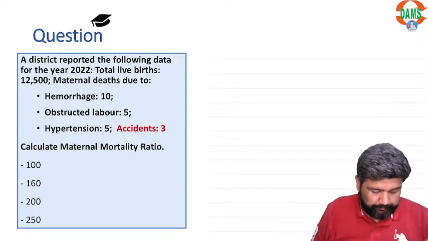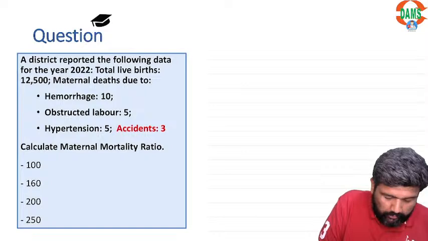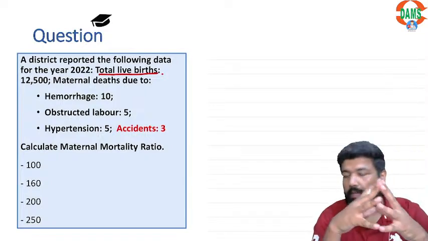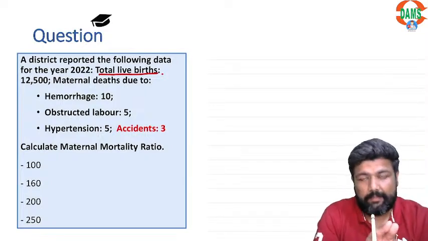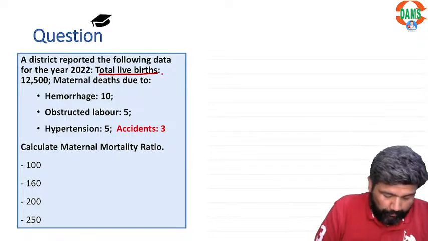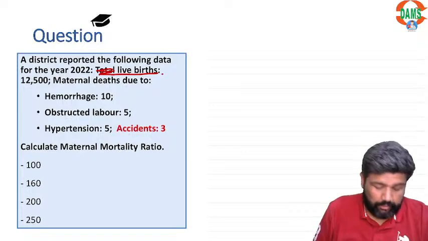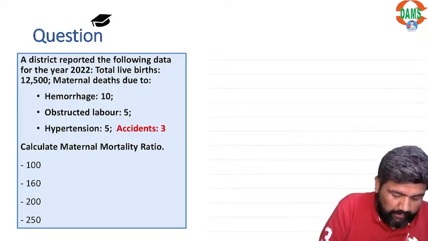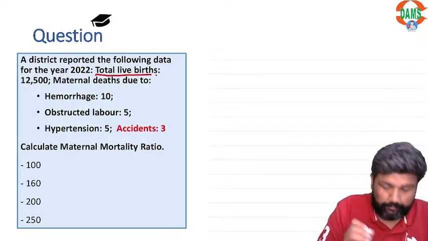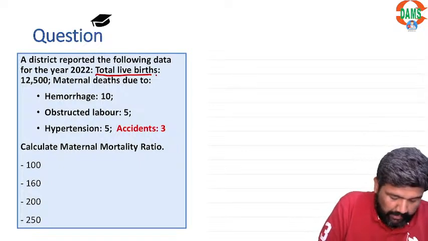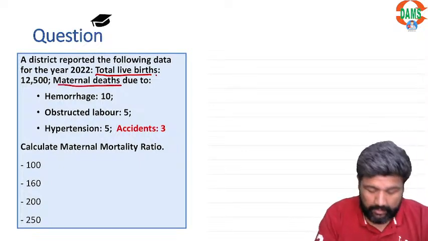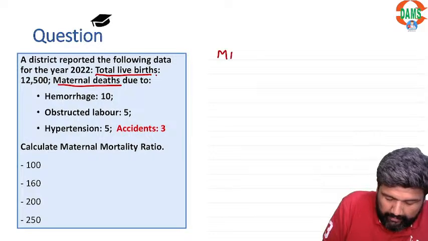In a district, total live births are given, and maternal deaths are given. So guys, what is maternal mortality ratio?